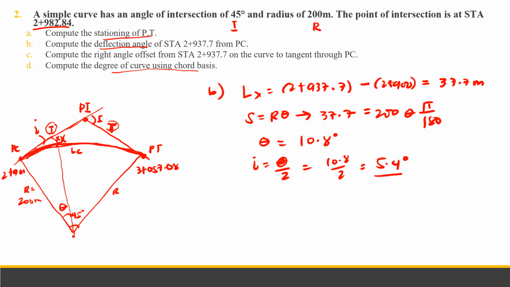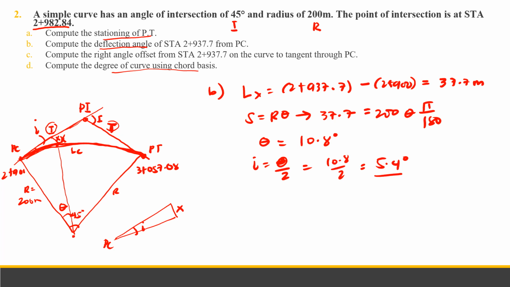So ngayon naman, the offset distance, right angle offset distance from station 937 from the point through PC. So if i-isolate natin yung triangle na yan, ito. So this is the X. This is the PC. This is the I natin.